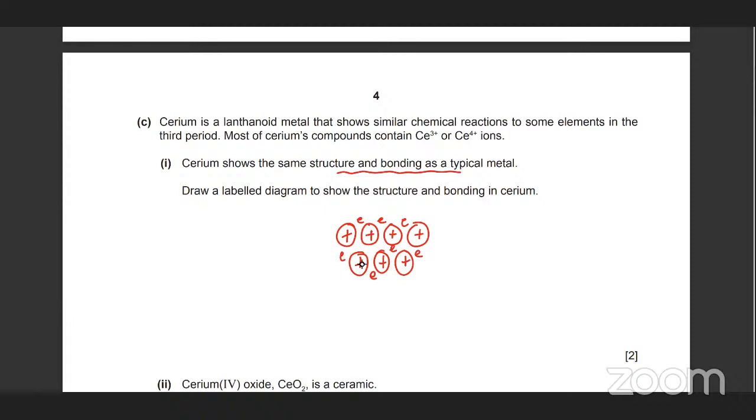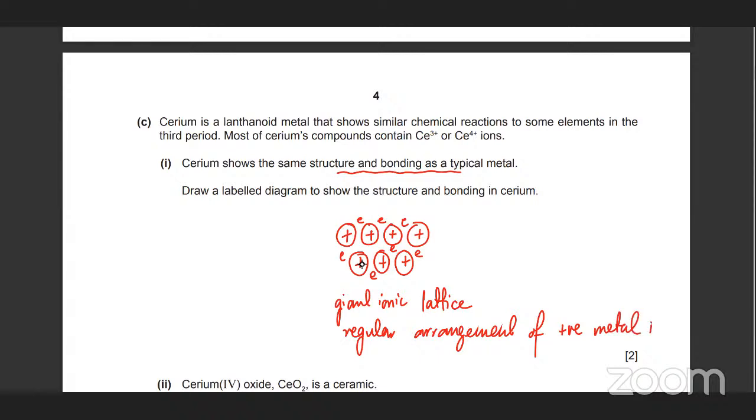The words you write are that this is known as a giant ionic lattice. It's a regular arrangement of positive metal ions in a sea of delocalized or mobile electrons.